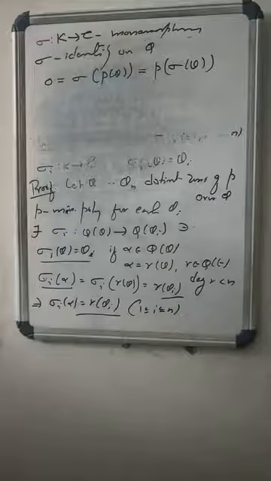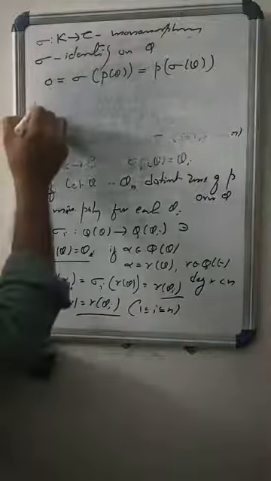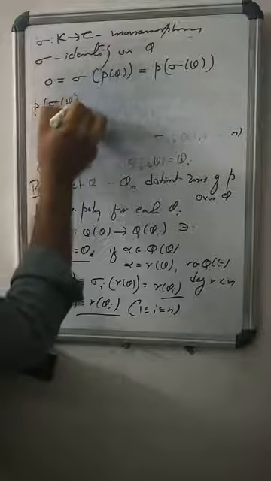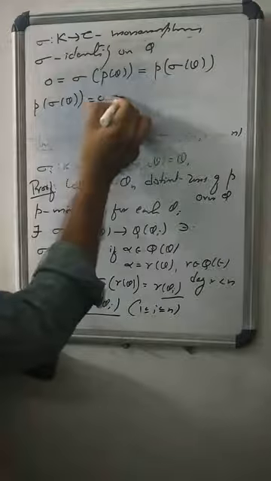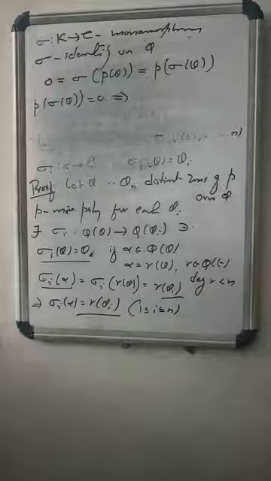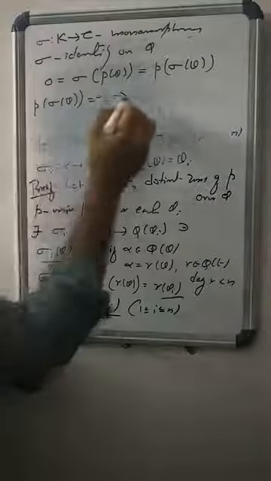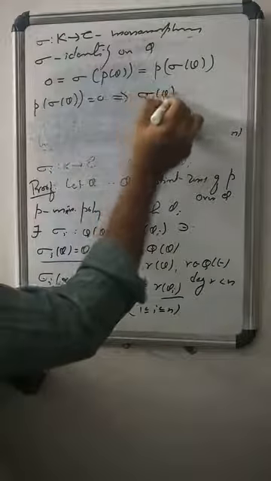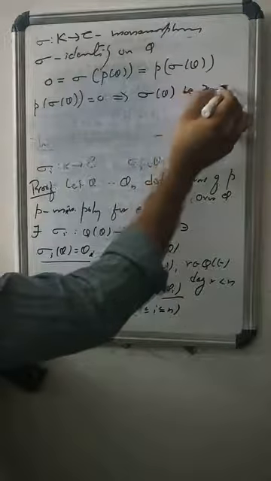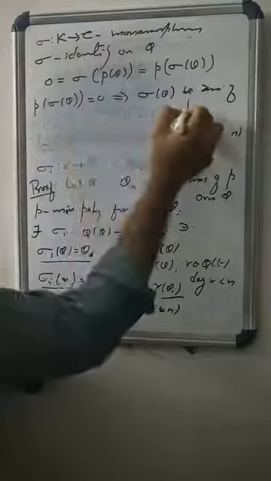So p of sigma theta equals 0, which means sigma theta is a zero of p.